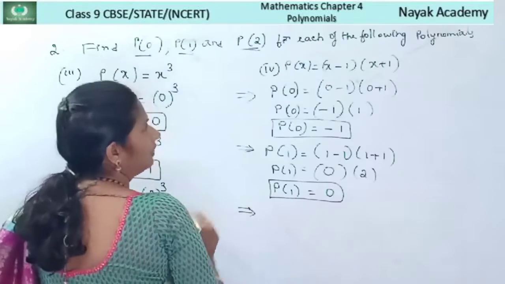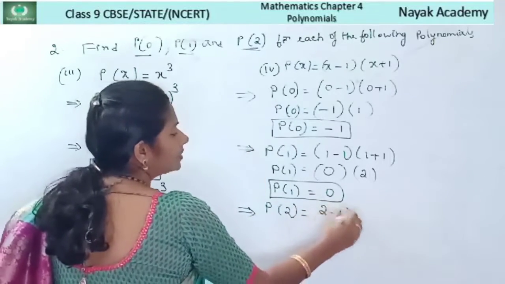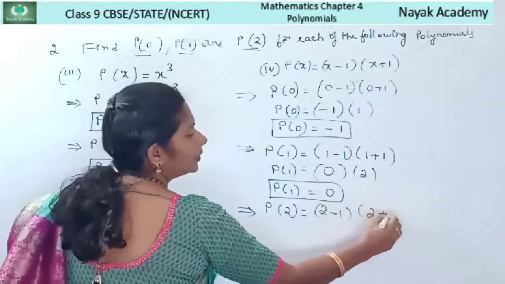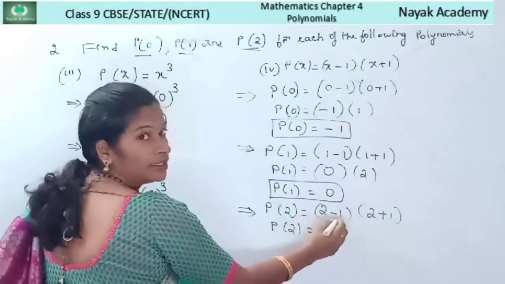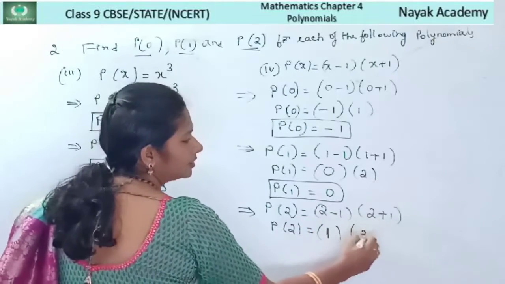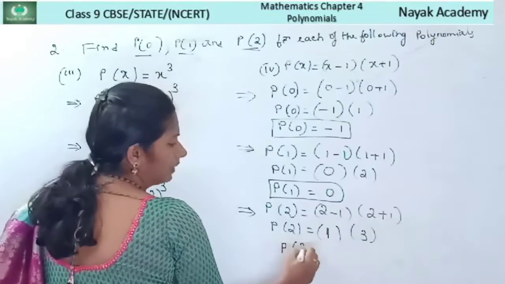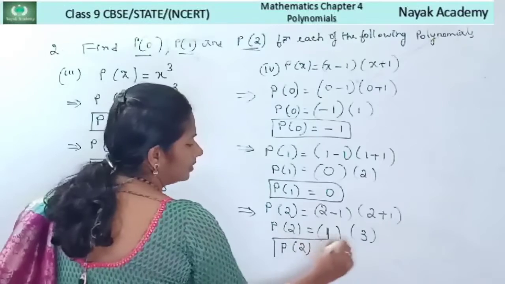Now let us find the value of p of 2: 2 minus 1 into 2 plus 1. So p of 2 equals 2 minus 1, it is 1, 2 plus 1, it is 3. So p of 2 value is 1 into 3, it is 3.